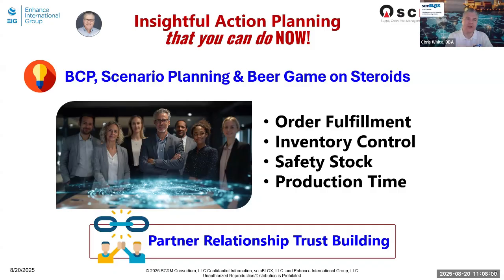But what we've shown so far are the different impacts on order fulfillment and inventory and things like that. And as Greg said, we talked about inventory control, as if companies are operating differently in how they're looking at safety stock, their production times, their inventory control, all that, and how they're reacting, you can have vastly different results.